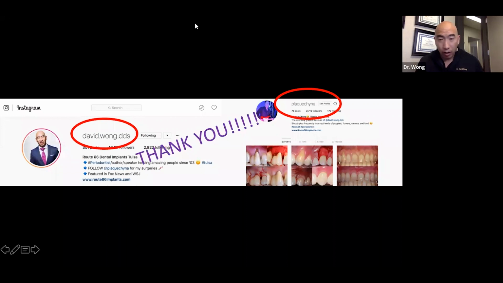For a socket graft, I can't think of too many times where I've used an autograft for that reason. I do give some lectures for Henry Schein where we talk about using autografts for soft tissue healing and things like that. But yeah, cadaver grafts are very, very well tolerated for sockets.